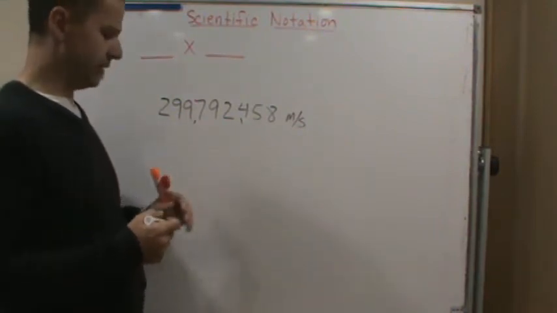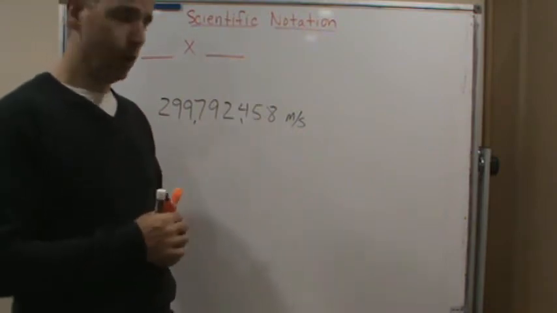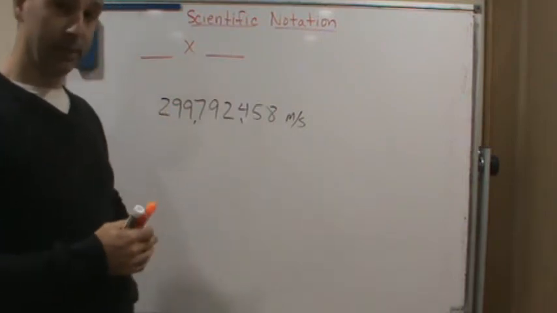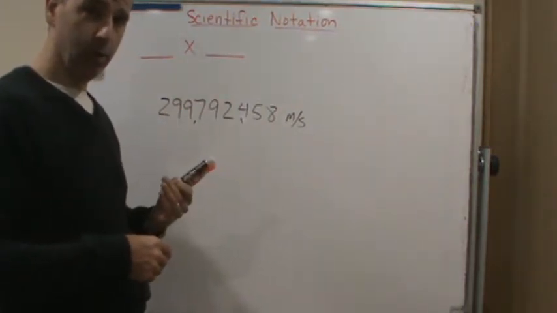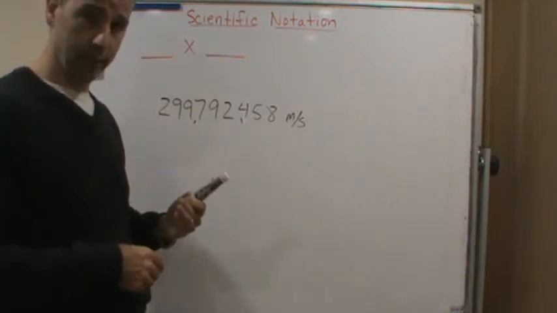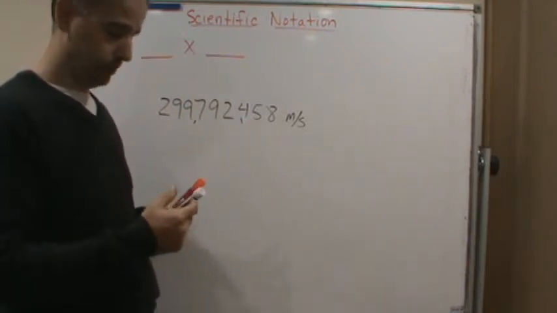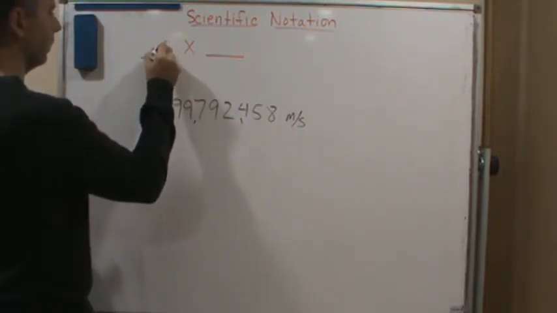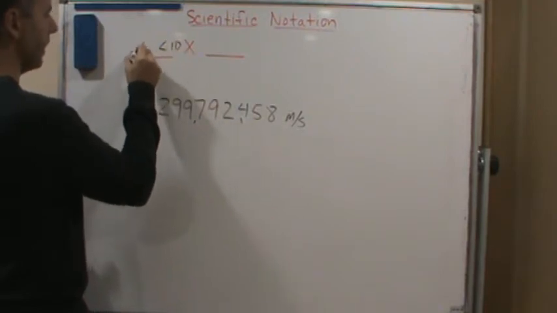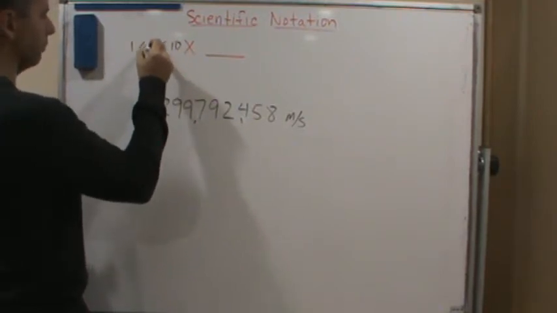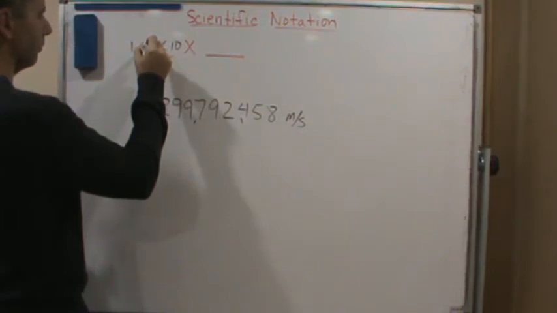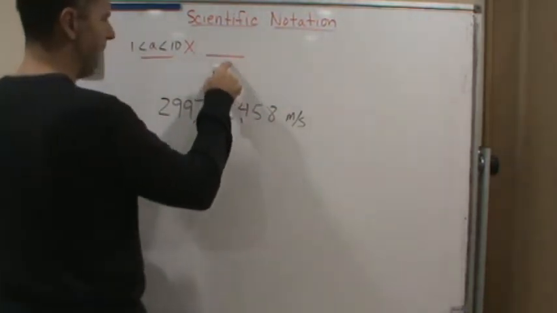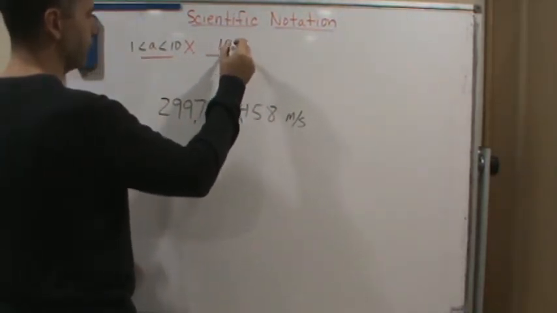If we want to write this in scientific notation, we need two pieces. We need to split this number into two factors. One factor is going to be a number that's bigger than 1, but less than 10. The other factor has to be a power of 10.